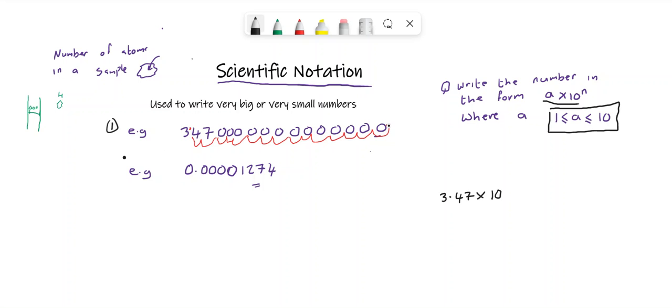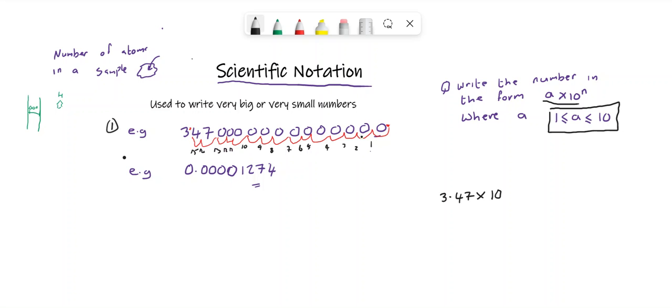Okay, so if we take this, let's say this is 1, 2, 3, 4, 5, 6, 7, 8, 9, 10, 11, 12, 13, 14, 15.